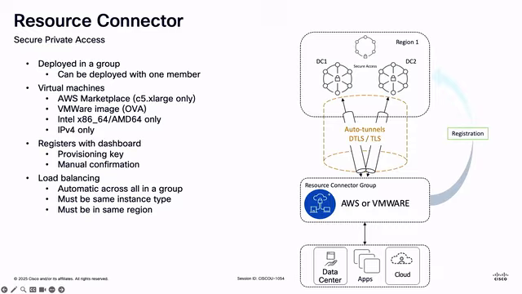And we recommend a minimum of 2 Resource Connectors. When you do that, the traffic will automatically be load balanced amongst those Resource Connectors. So as you can see, we have built in a lot of automation around Resource Connectors. One of the benefits that I want to call out when using Resource Connectors is that you can connect to applications that have overlapping IPs.